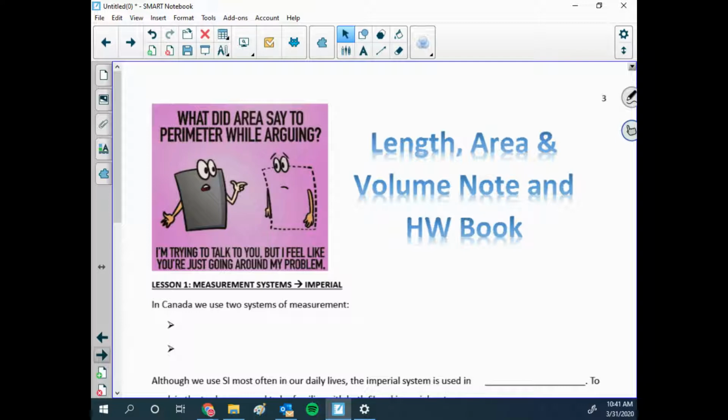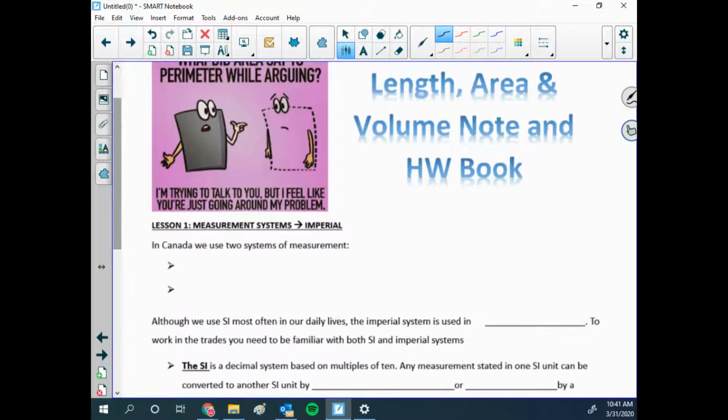Okay, so for the first lesson, we are looking at units of length. First of all, we're just going to take a quick look at different types of measurement systems. We're in Canada, and we use two types of measurement systems here. We use the SI measurement system, which is called the Système International.